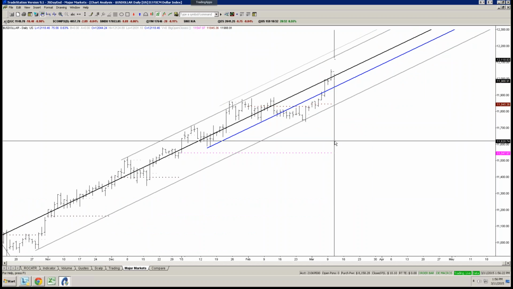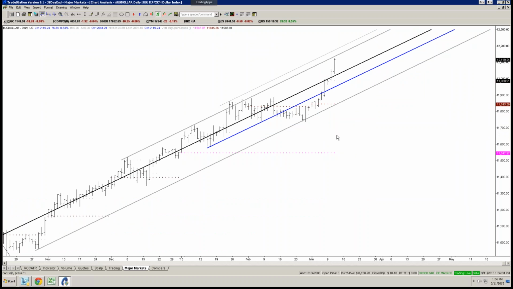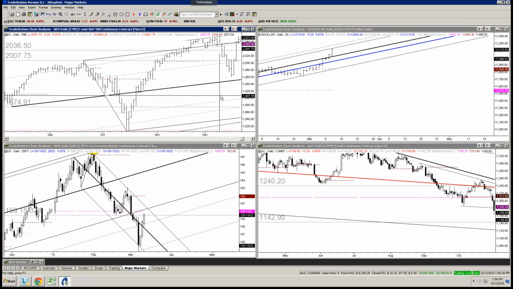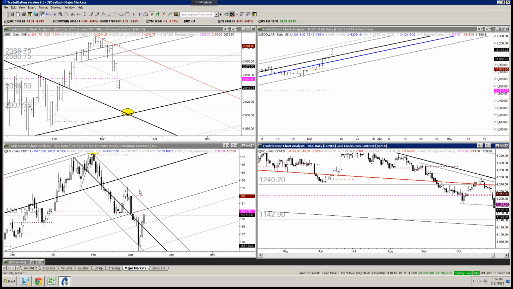I mean, got a little more room on the upside. But I'd be watching very closely up here to see how the dollar is going to respond, with the euro trading at 105 basically. So, those are the big major markets.